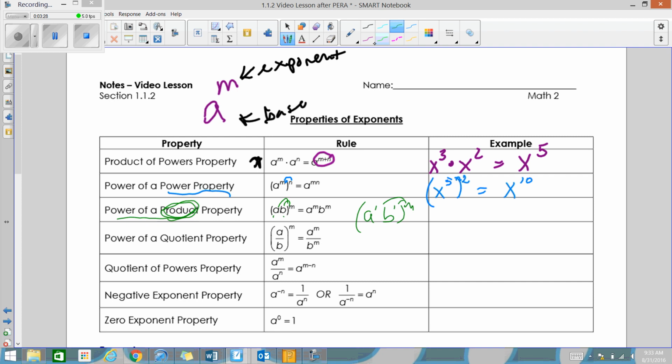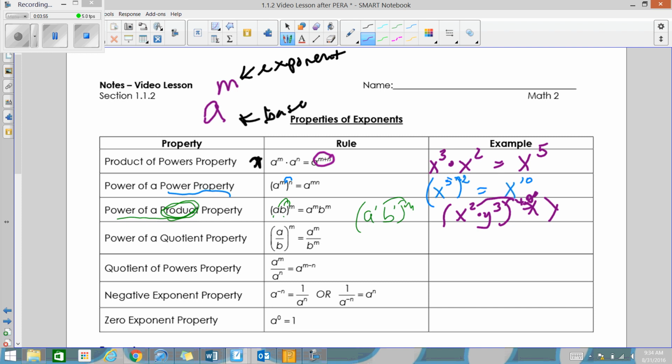If we were to create our own example with a different variable, let's say x to the second power times y to the third power, all raised to the fourth power, the power of a product property says that we're going to distribute this 4 to both terms, the x and the y. So our final answer is going to be, ooh, that's moving on me. Let me get rid of that.